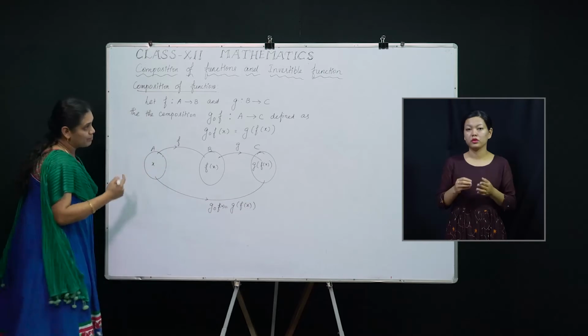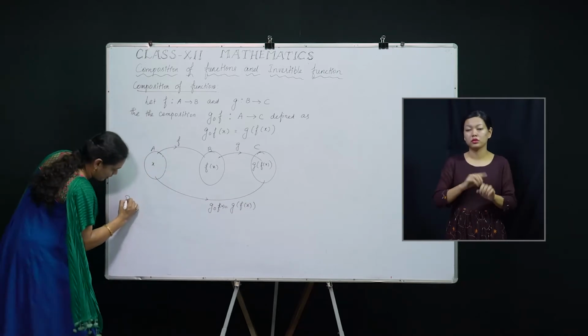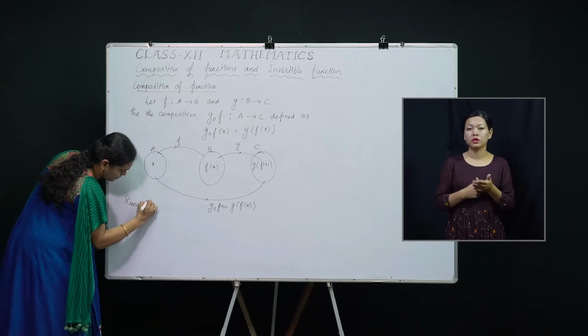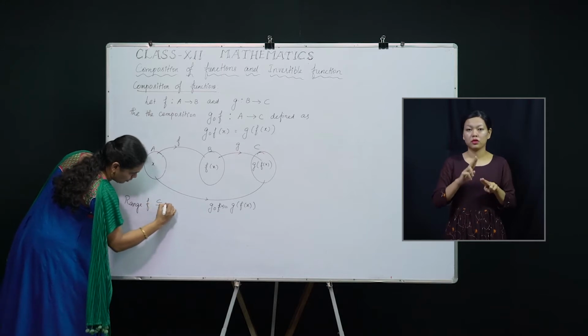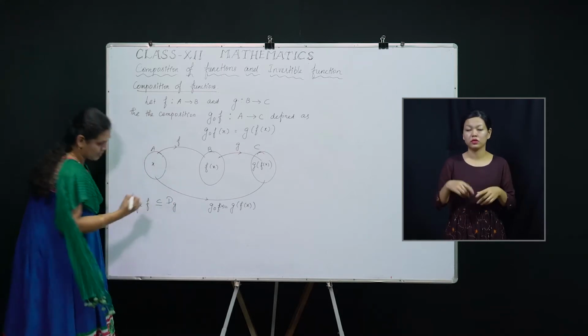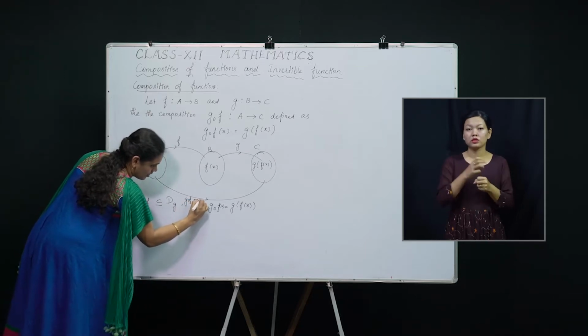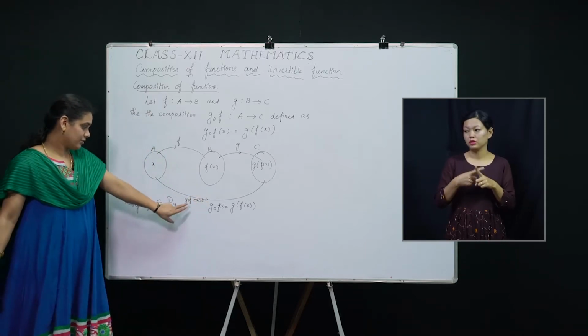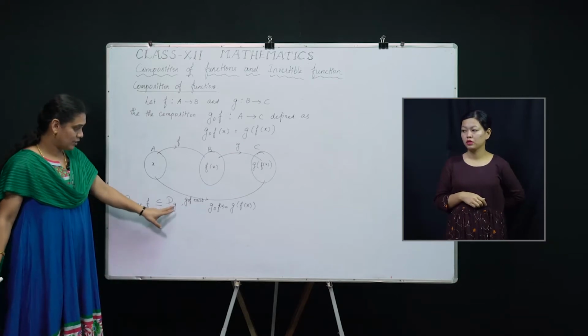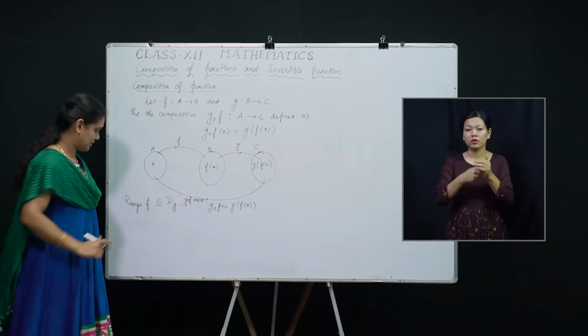In this case, the very important condition is that the range of the function f should be a subset of the domain of g for g o f to exist. If range of f is a subset of domain of g, then g o f exists.